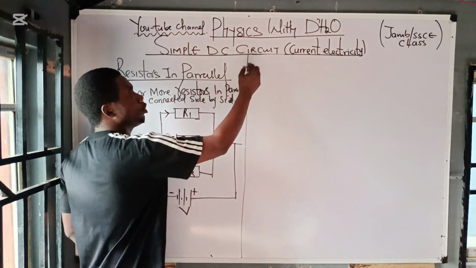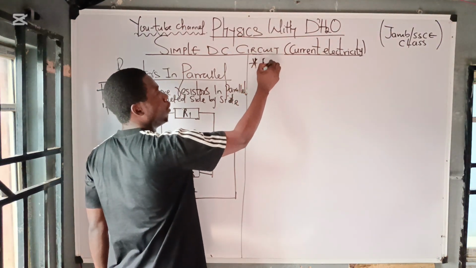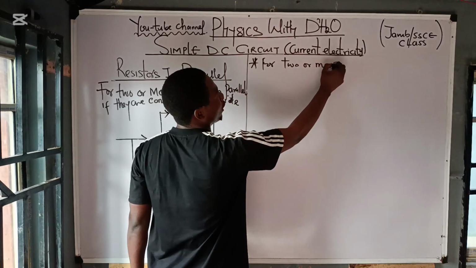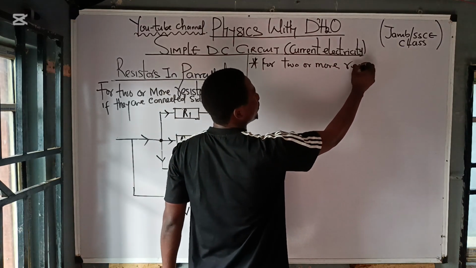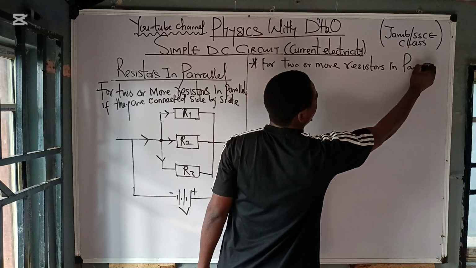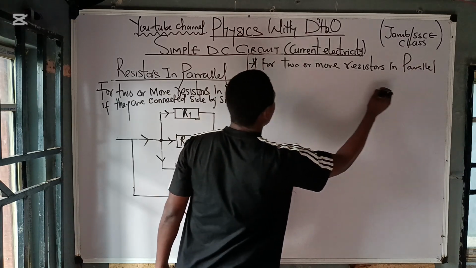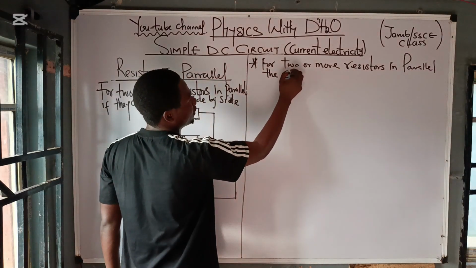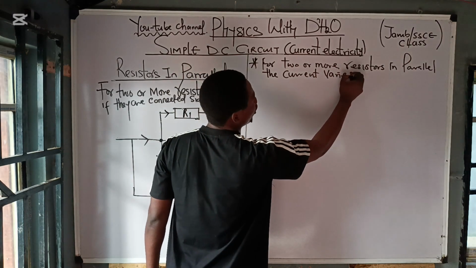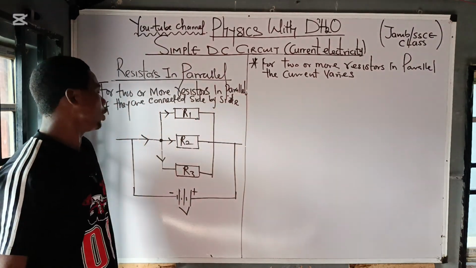Okay? So it should be noted that for 2 or more resistors in parallel, what will happen? The current varies. So the current will not be the same. So what do we observe?